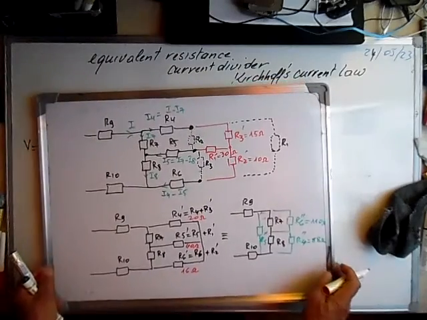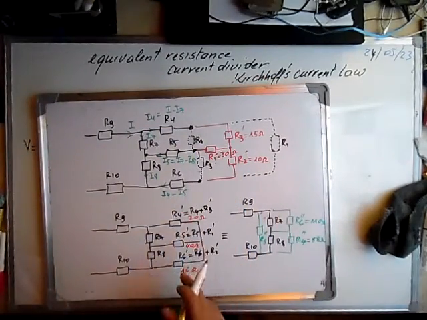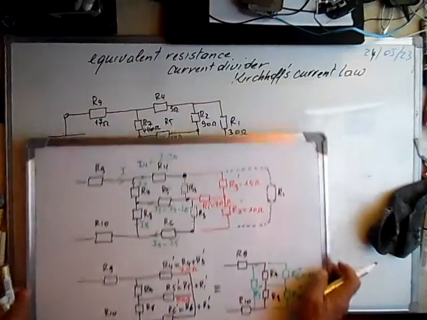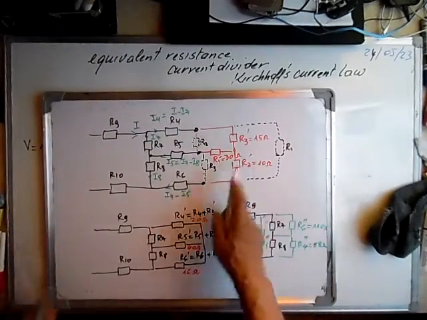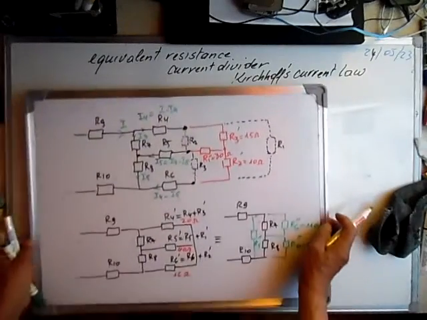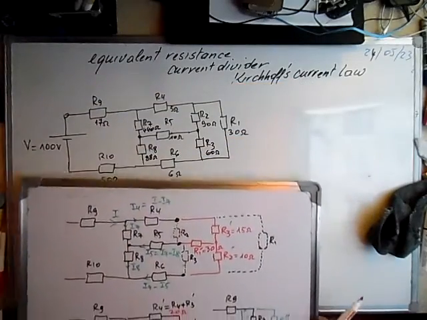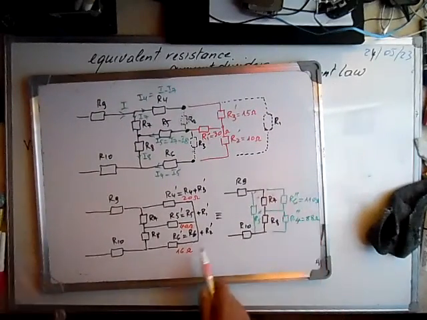Now, we add this to this one. I called it R4 prime. So R4, which is equal to 5, plus 15 will give 20, and 10 plus 30 will give 40, and 6 plus 10 will be 16.